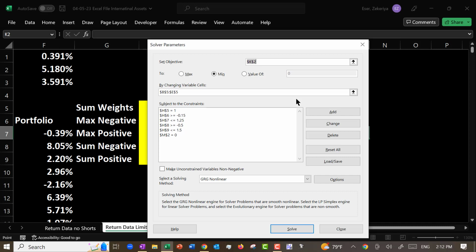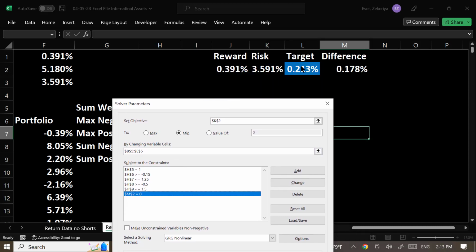Total short is at most negative 0.5. Total leverage is at most 1.5. And obviously, reward of the portfolio is the same as the target. Solve, find the solution.